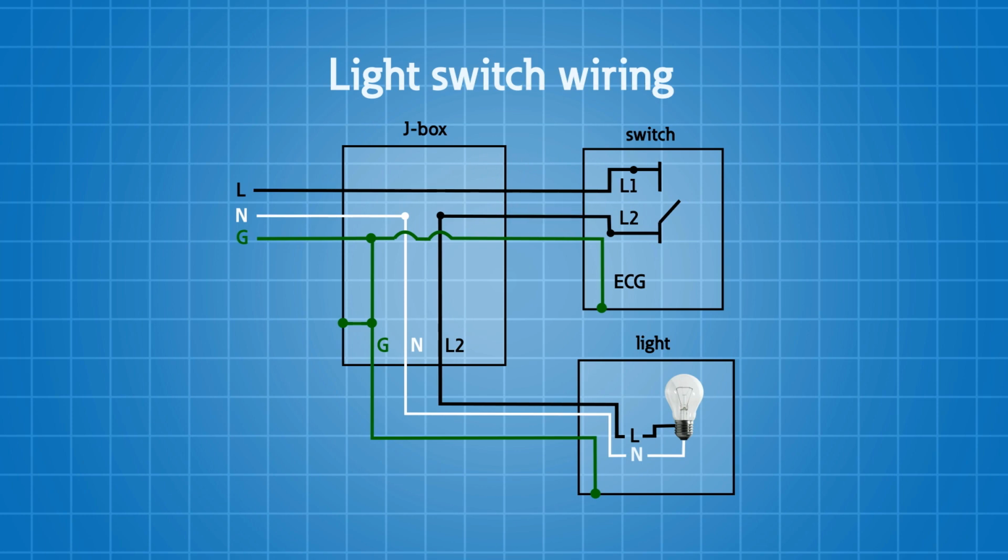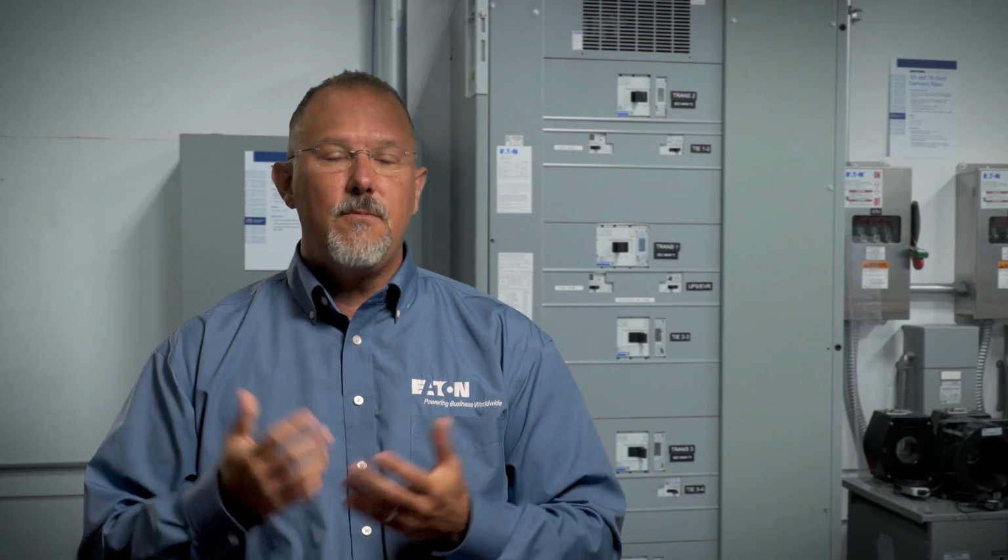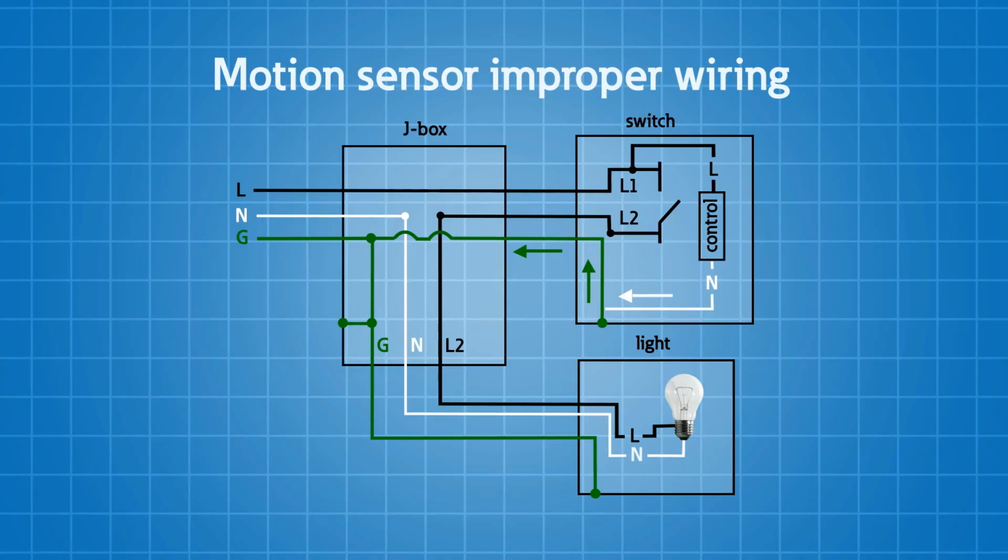When we had a standard light switch, that was perfectly fine because we're just breaking one conductor. But when you install a product like a motion sensor switch, which needs to have power, you need a neutral conductor to provide the potential voltage to power up electronics. If I opened up a light switch and I don't have that neutral conductor there, I could get that power by taking hot to ground, the equipment grounding conductor, to power up that unit, and it will work.